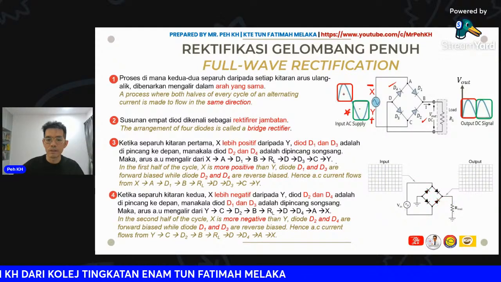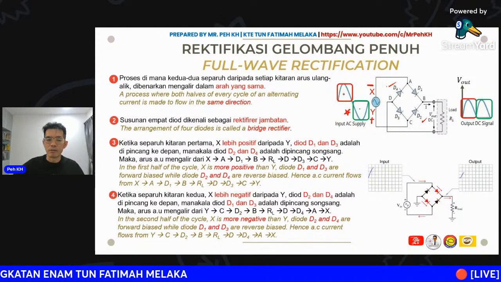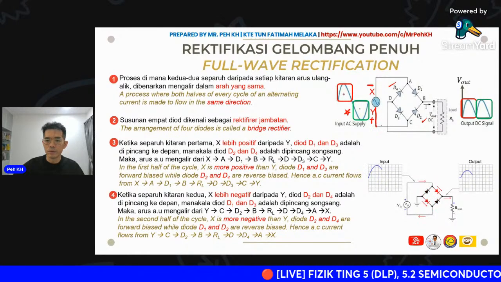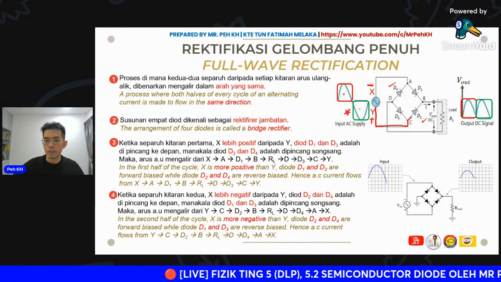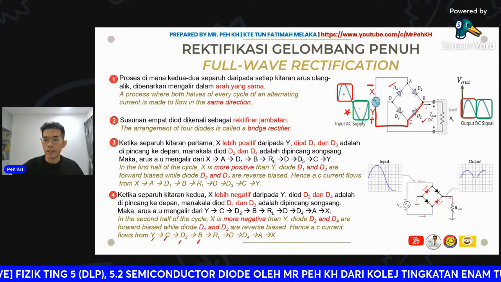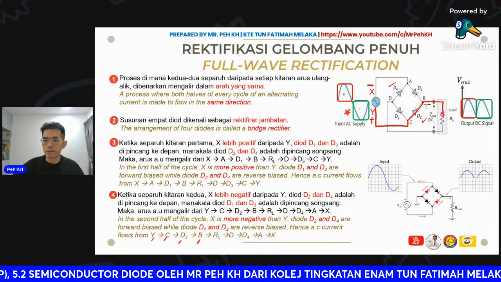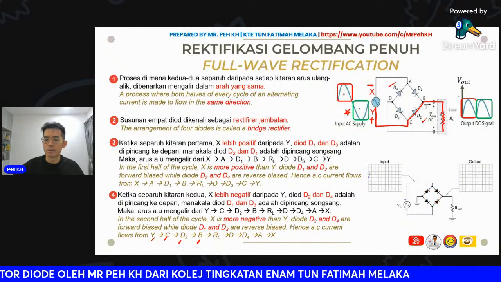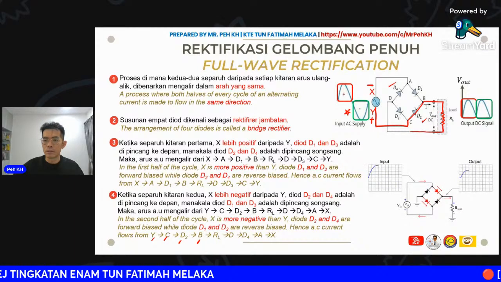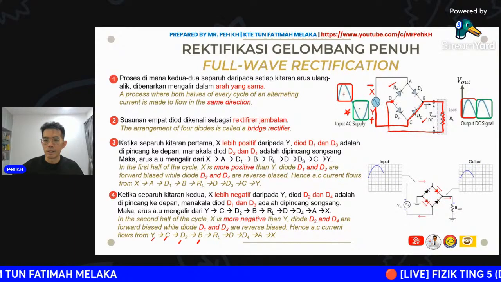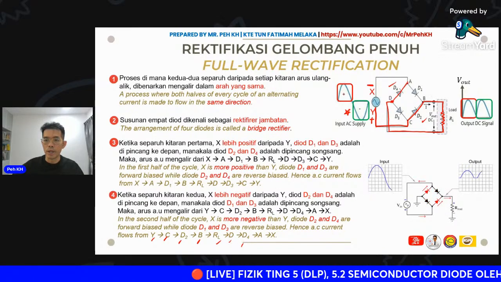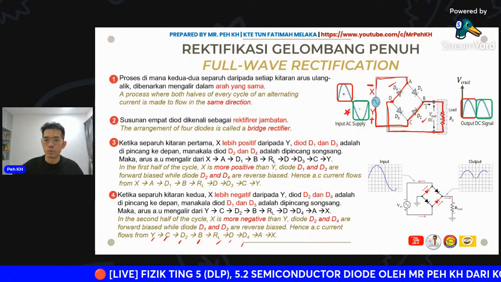Okay, so the AC current will flow from Y to C, then to D2, to B. Then to RL, the resistor. Then it goes to D, then to D4, then to A, and back to Y again.